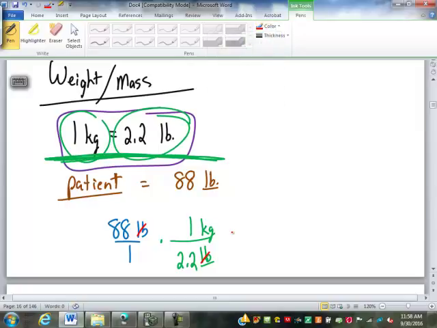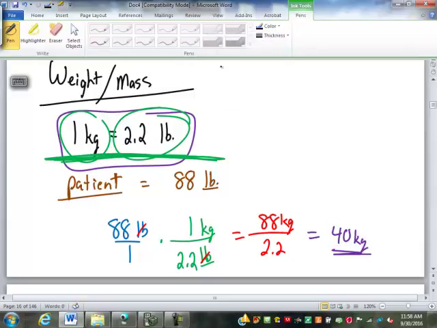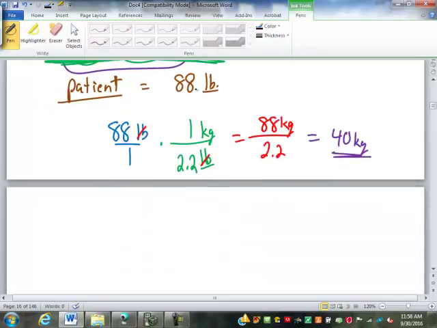So the pounds cancel out. 88 times 1 kilogram is 88 kilograms. 1 times 2.2 is 2.2. So yeah, 88 divided by 2.2 is 40 kilograms. This conversion comes up enough in medicine. It's going to come up enough in our dosage calculations in the next unit that you can take a shortcut.